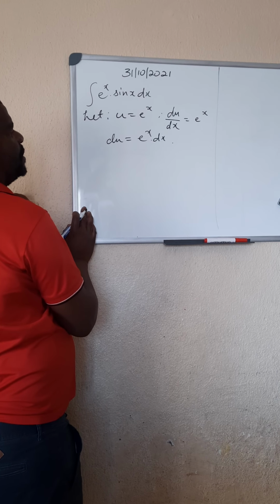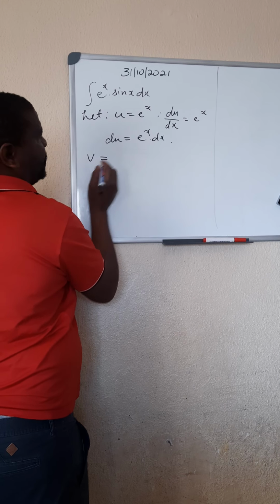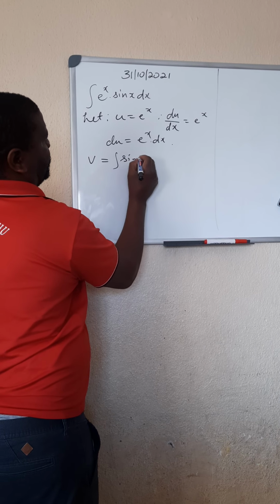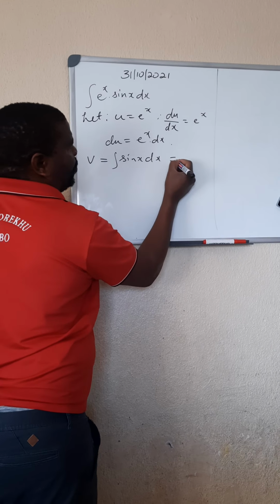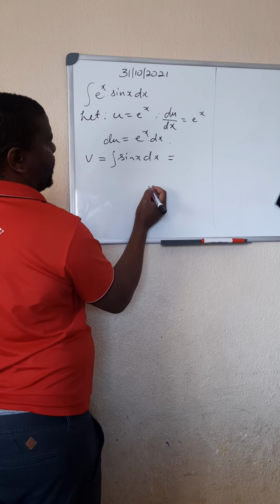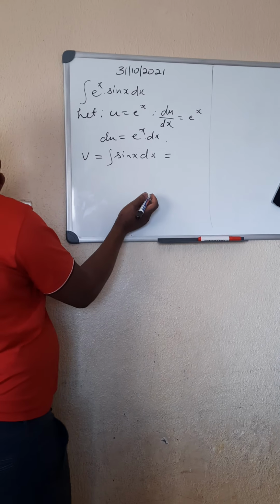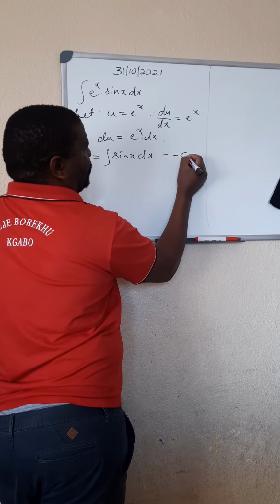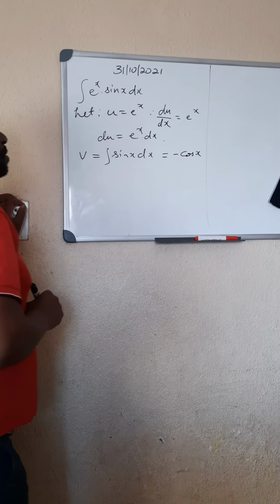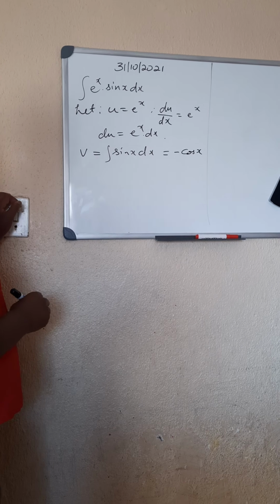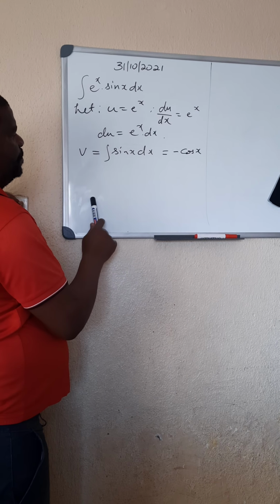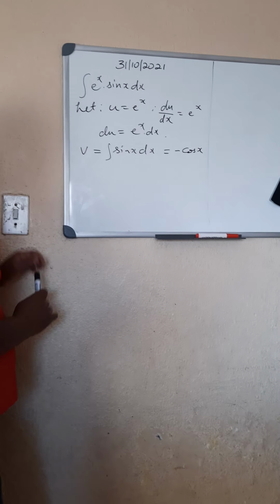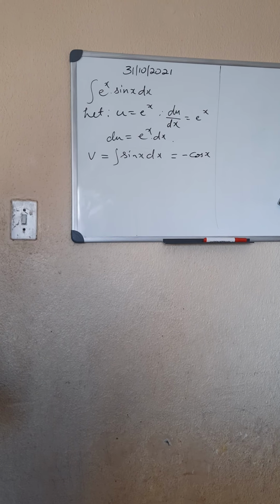But because it is integration by parts, we know that v will be the integral of sine x dx, which will be, when we integrate sine, minus cos x.